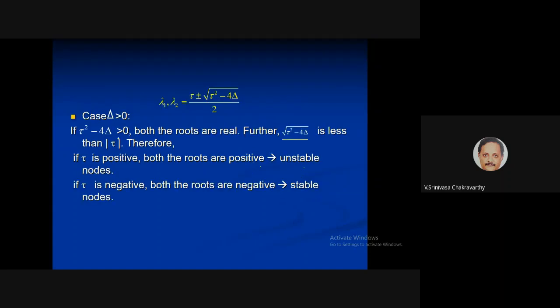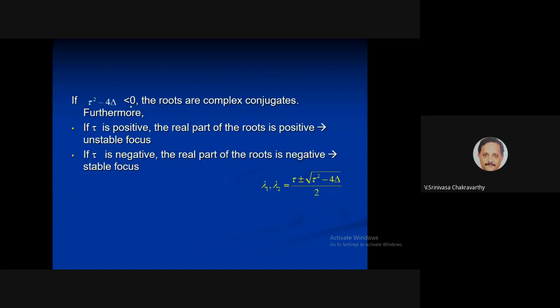We have taken the case where tau squared minus 4 delta is positive. When tau squared minus 4 delta is negative, the roots are complex, so the roots will be tau over 2 plus or minus i times something. If tau is positive, the real part is positive, that's an unstable focus. If tau is negative, the real part is negative, so that's a stable focus.